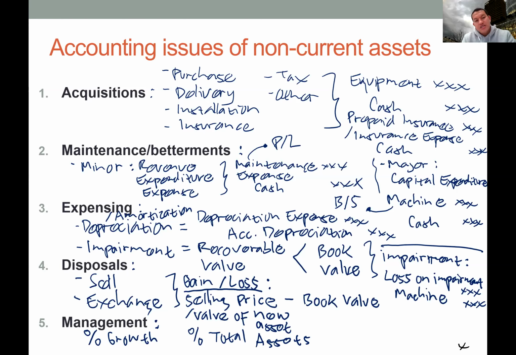We start with acquisitions, and then maintenance or betterments, and then expensing, and lastly we have disposal. Okay, so you have to be able to relate the flow or the steps of the process. And also you have to be able to know how we record each transaction in the journal entry.